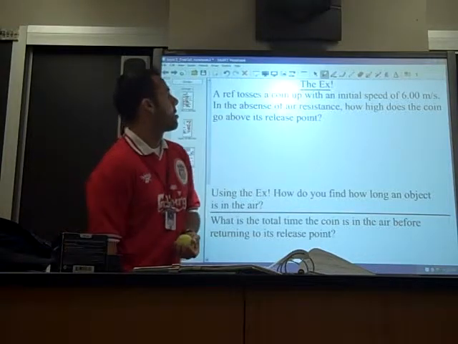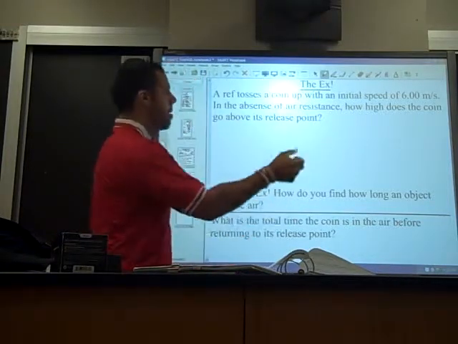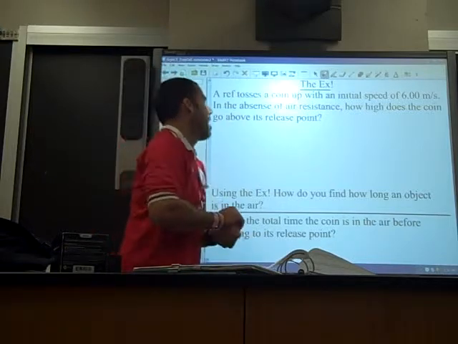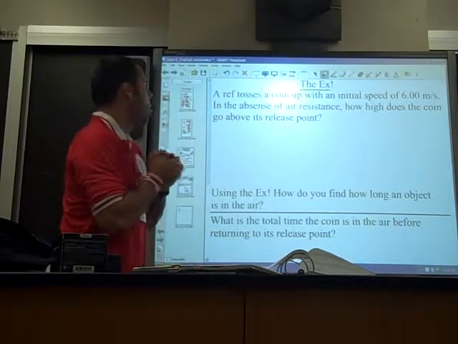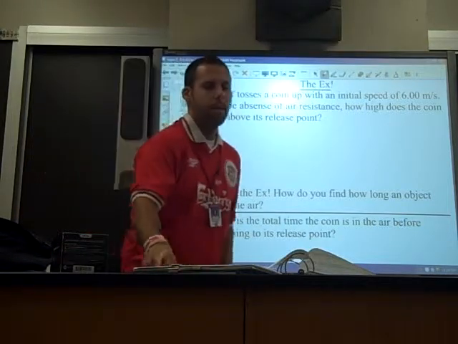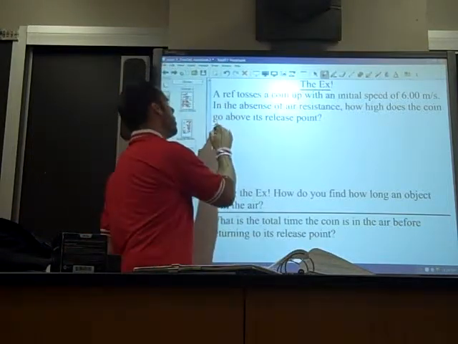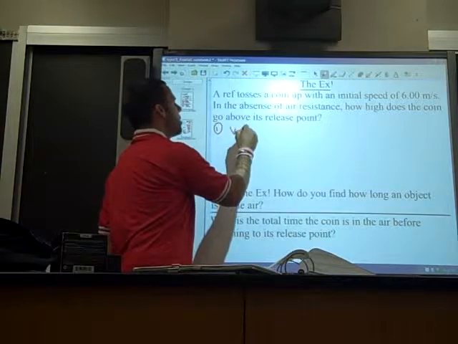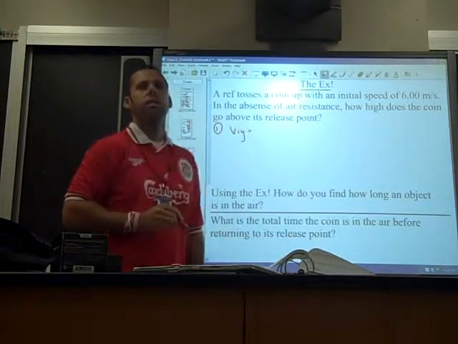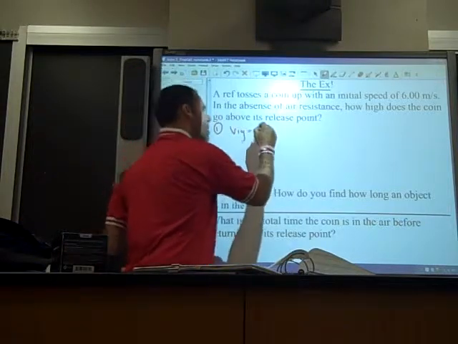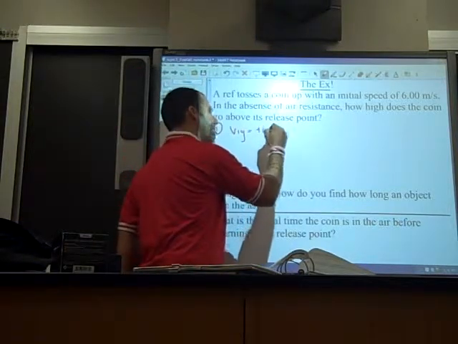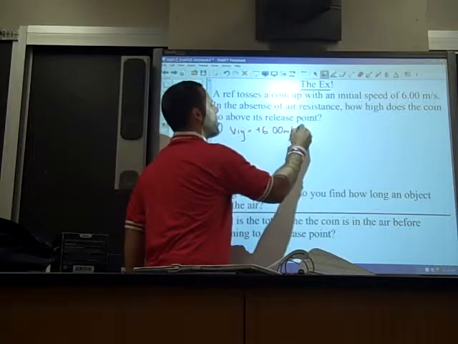A ref tosses a coin up with an initial speed of 6 meters per second. In the absence of air resistance, how high does the coin go above its release point? Let's look at our knowns and unknowns. My v initial y equals plus 6.0 meters per second.